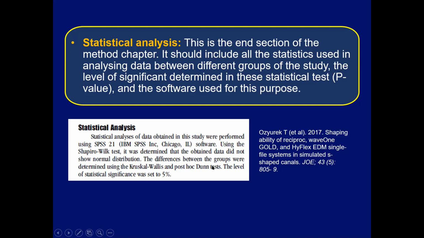The differences between the groups were determined using the Kruskal-Wallis and the post-hoc Dunn test. Okay, the level of statistical significance was set to 5%. So the author mentioned the main things that the reader wants to know to understand the statistics of that research: the kind of software, the normality test, the main test that measures the differences between different groups, and the level of statistical significance, because in this example it is non-parametric, and the level of significance was set to 5%.